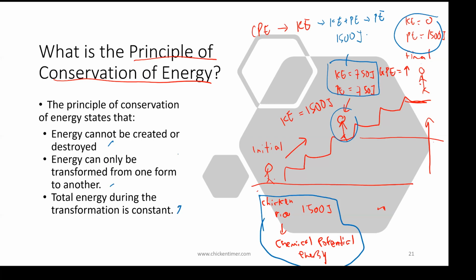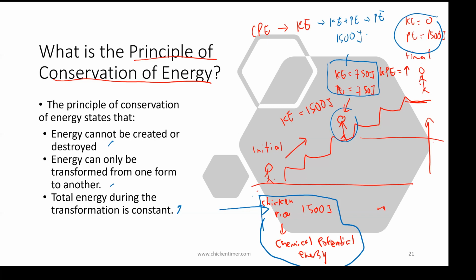Okay, I have one big question. Where did this 1,500 of chemical potential energy in the chicken rice come from? No, not converted into KE.